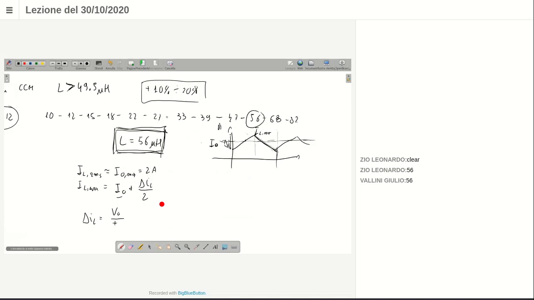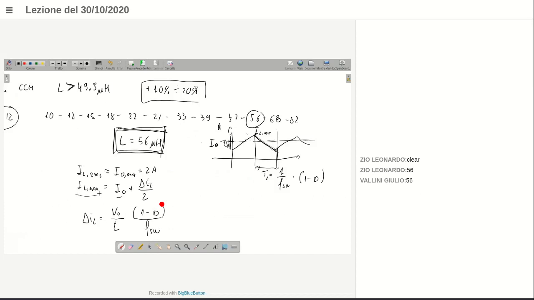We have VO over L, this is the slope, times this time, which is equal to 1 over the switching frequency, let's call this T2, times 1 minus the duty cycle. This is 1 minus the duty cycle over the switching frequency.